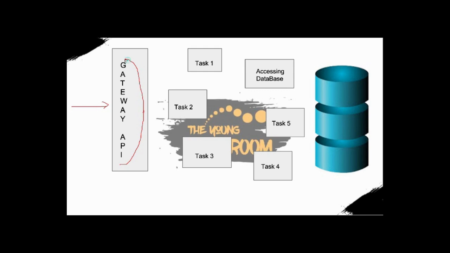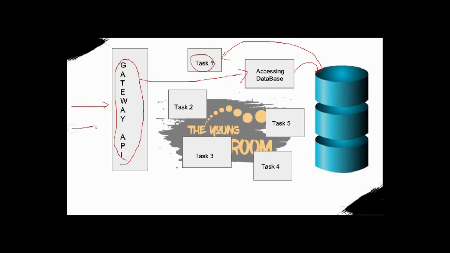Now, based on what you want, if you want to send a follow request to a person, it is telling it to access the database, and it is performing a follow request in this task 1.